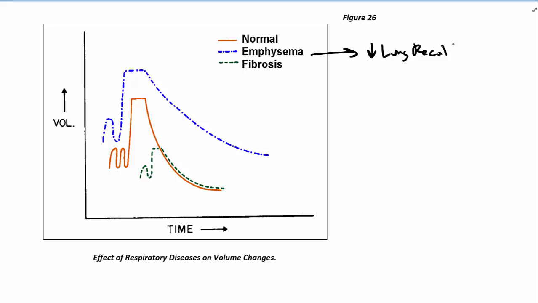So a forced vital capacity, which is the maneuver where you breathe in maximally and you blow out as much air as possible, is going to take a little bit longer because you don't have that added recoil to aid in emptying the lungs. Now with pulmonary fibrosis, you actually have more lung recoil. So the slope is very, very similar to what a normal one would look like.